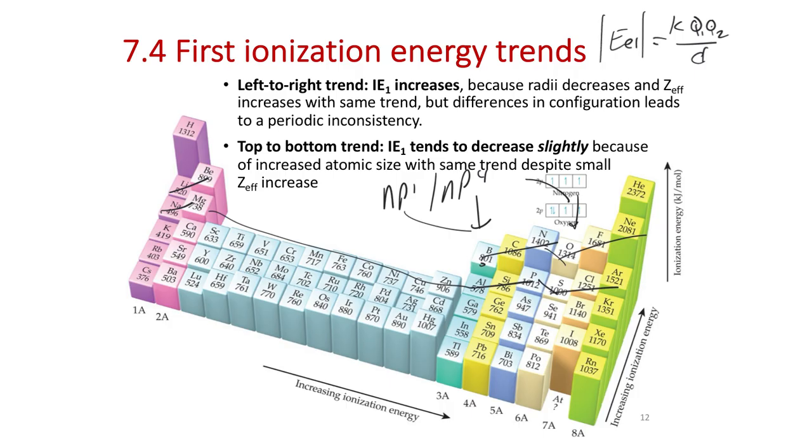So the plus of the nucleus, the minus of the electron, makes the electrostatic energy negative, but think about the magnitude of that energy. The magnitude of that attractive force is going to increase as we increase the effective charge. So if the effective charge goes up from left to right, that makes the attraction go up. And then if the size drops, that also makes the magnitude of the energy of attraction go up. It makes it more negative, but that makes it a greater magnitude.